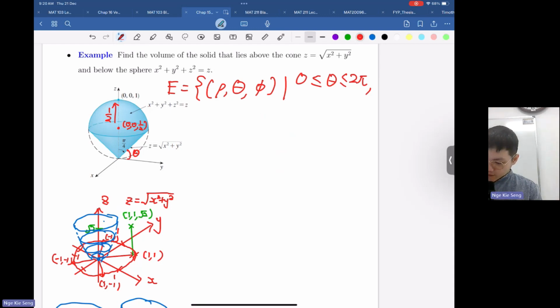If you take a point down there, first of all, we know that below the cone is a triangle. Let me do it like this.